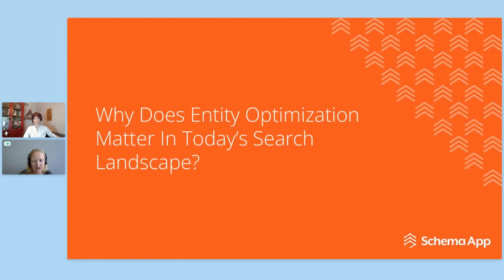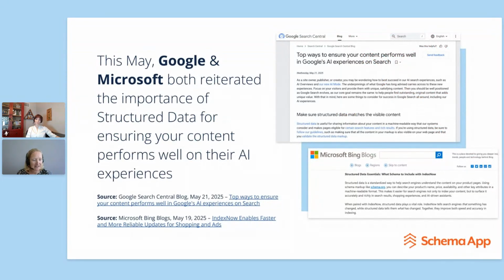So let's go there. Let's talk about how the world is changing. The piece that is so important is that AI search is now powered by entities and not just keywords. Google and Microsoft stood on stage in May and said everybody needs to do structured data because it will help you get visibility and help you perform in our AI experiences.